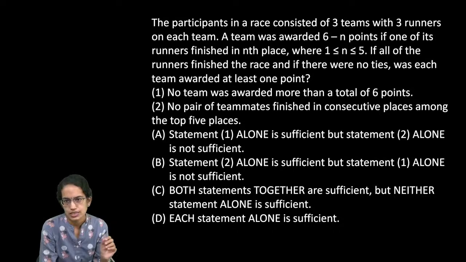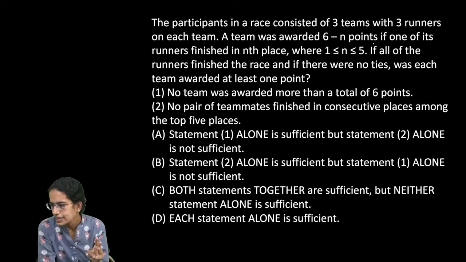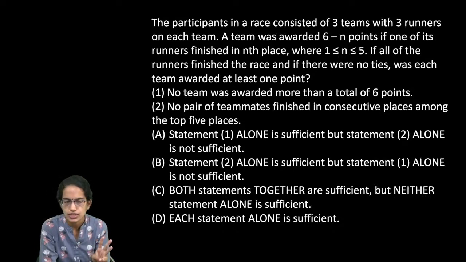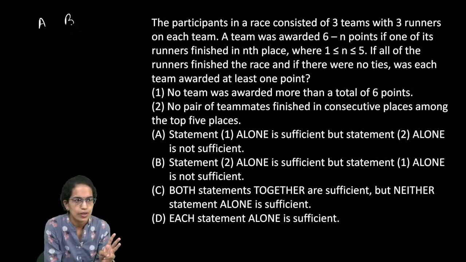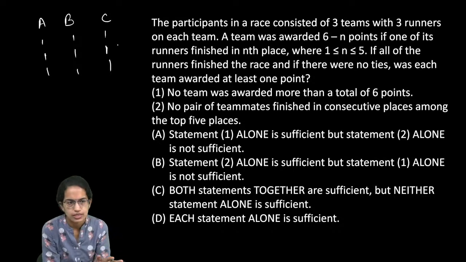The next question is a very interesting question. Now, the participants in the race consist of 3 teams and these 3 teams have 3 runners each. So, let's say I have teams A, B and C, each with runners 1, 2 and 3. So, that's the total number of runners, 9 runners.